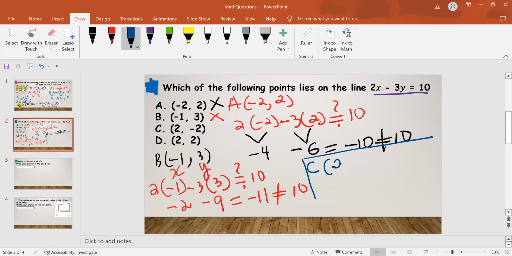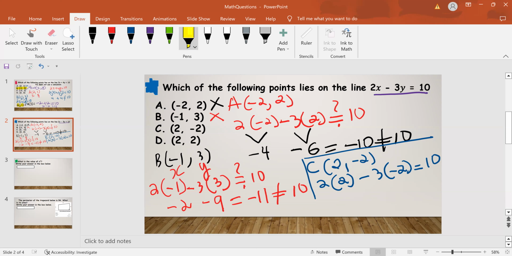For C, we have (2, -2). So we plug in: 2 multiplied by 2, since the x value for this point is 2, and we replace in the equation, minus 3 multiplied by -2 is equal to 10. Here I am always trying to use parentheses to put the values in. That will help you avoid mistakes.